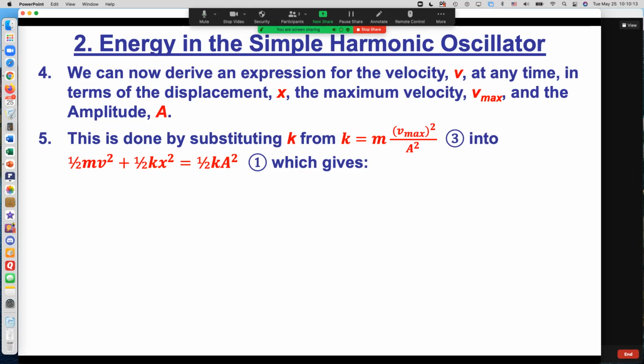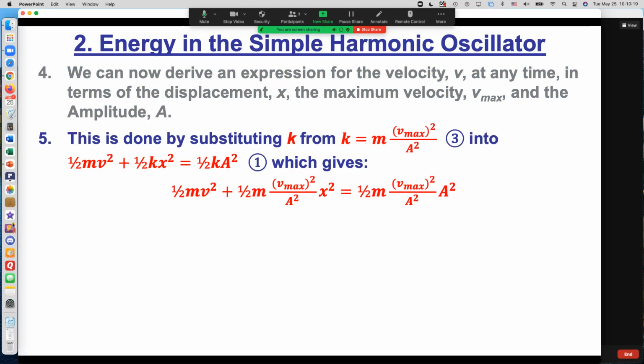We get rid of K. And so now it looks like this. 1/2 mv squared plus 1/2... Oh, no, that's right, because we're replacing K with an M. Yes. Was 1/2 M times V max squared over A squared, right? Times X squared equals 1/2 V max squared over A squared times A squared. And that simplifies to that.